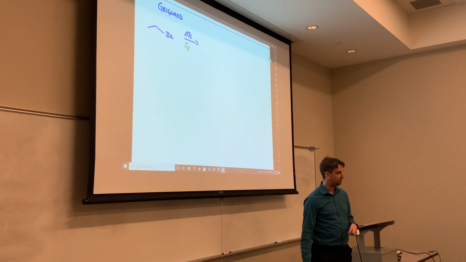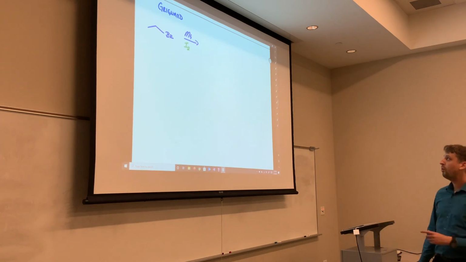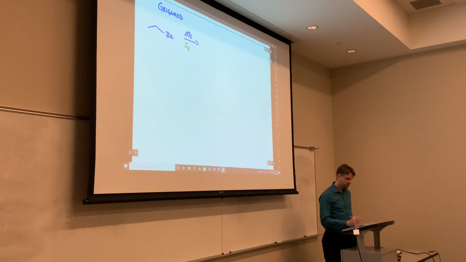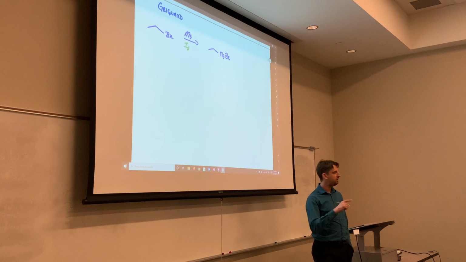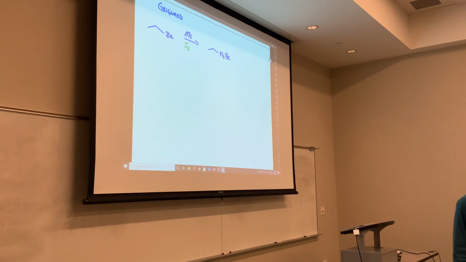It's not too important, I'm just giving you something in case you might see it. What happens then is a series of radical reactions where, at the end of the day, we end up making this: a carbon bound to the magnesium, and the magnesium is bound to the bromine.